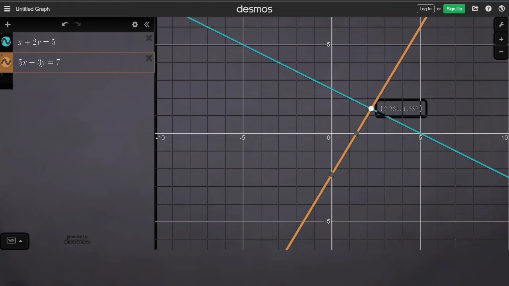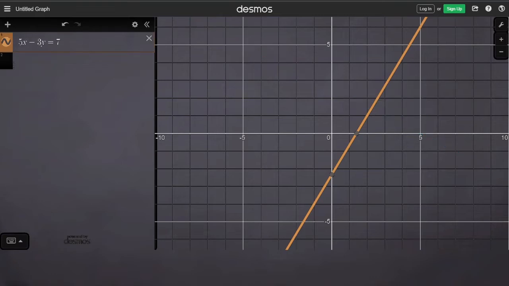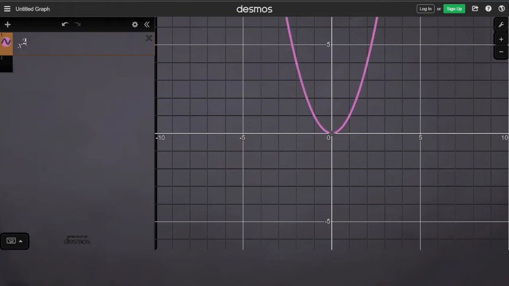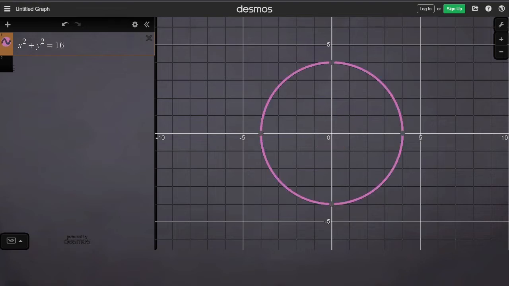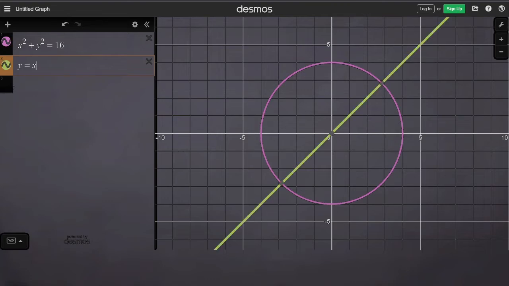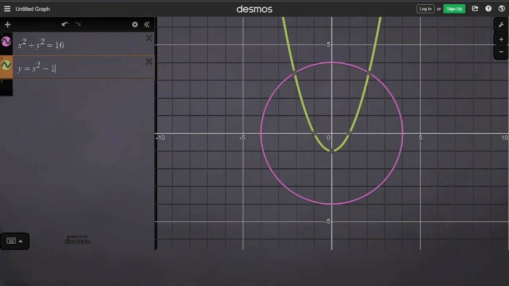We can do the same thing with a nonlinear system of equations. If I clear these two equations out of the way, I might look at something like the circle x squared plus y squared equals 16, the circle with radius 4, and I might look at a parabola, y equals x squared minus 1.